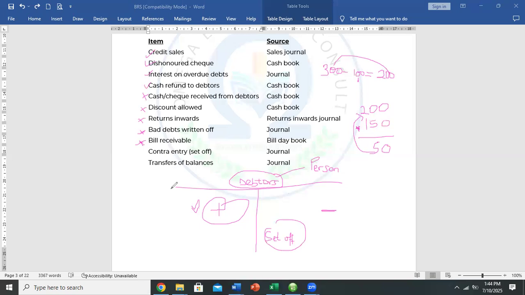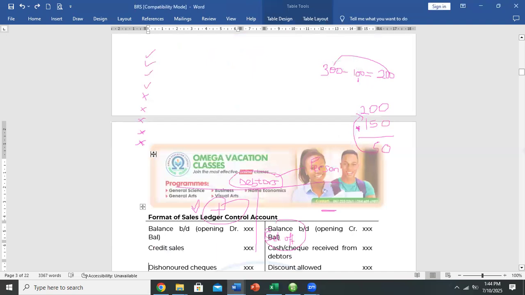So then I can now show my professors the full format of the sales ledger control account. Please, if you have any question, let me know. If there's something you didn't understand or hear well, you can ask me and I'll repeat the points for you.